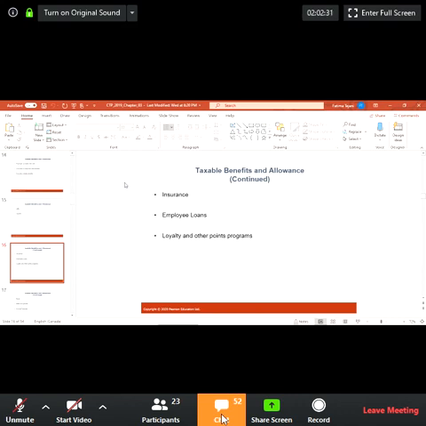Out of all the insurance premium and expenses, if the employee paid any amount, that is deducted, and the balancing amount is considered a taxable benefit.